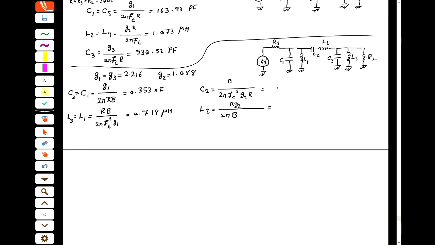And this one is 585 picofarad, and then for L2, 33 microhenry.